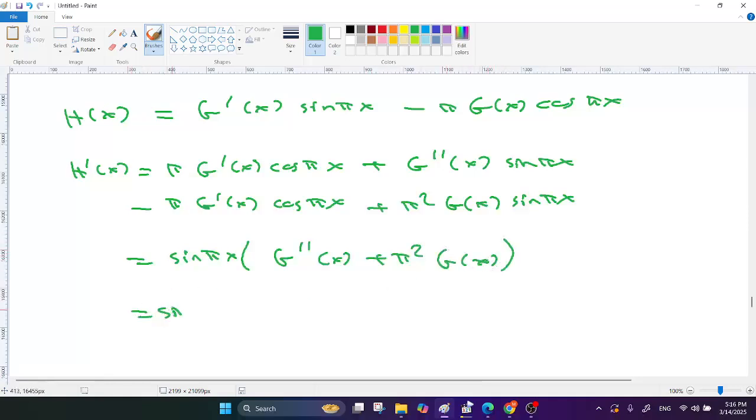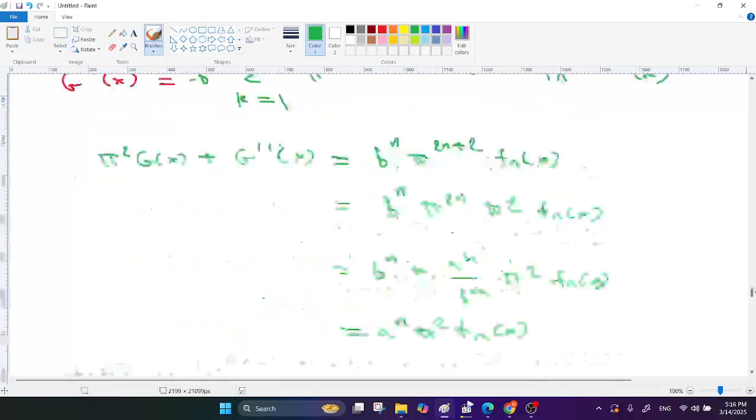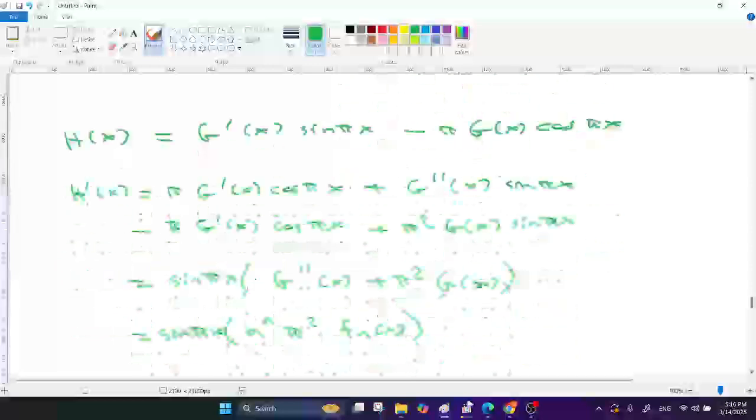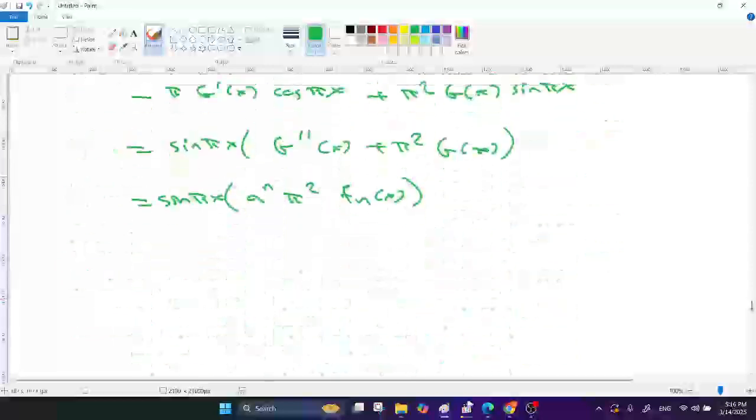And this equals sin(πx). Remember, g''(x) plus π² g(x) equals a^n π² f_n(x). Okay? So like this, sin(πx) times a^n π² f_n(x). Is it correct? Yes, thankfully it's correct. Fortunately it's correct.